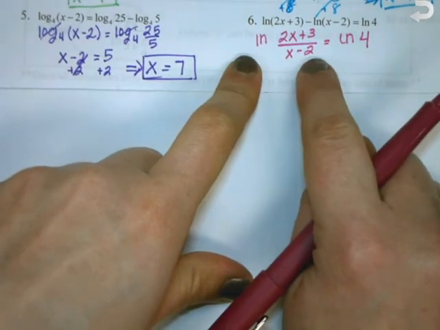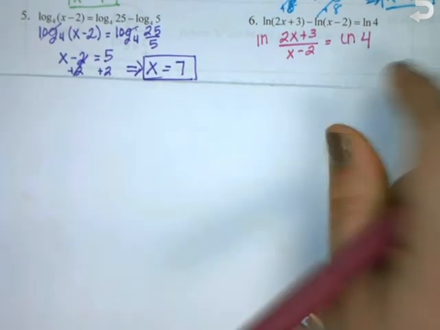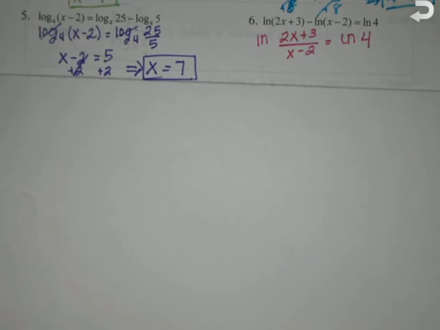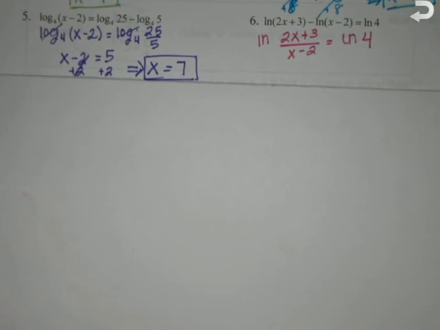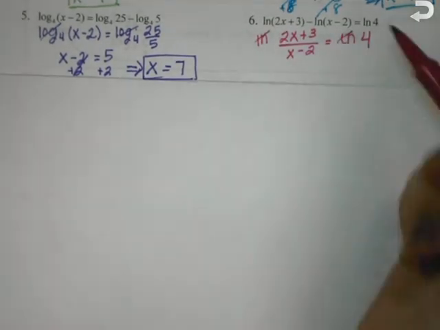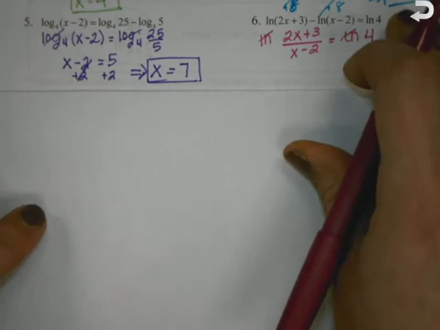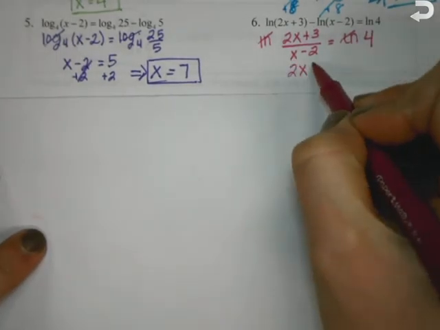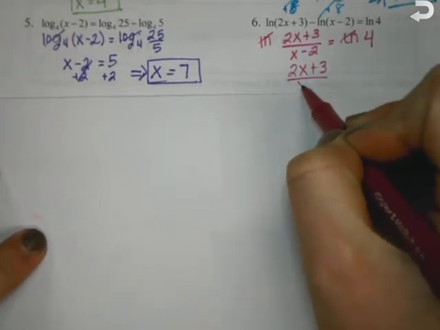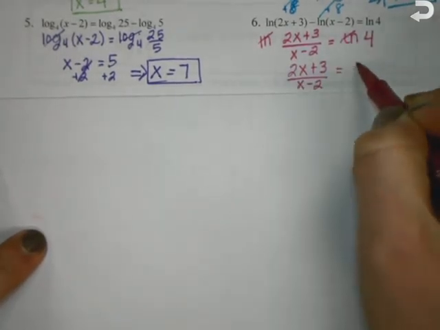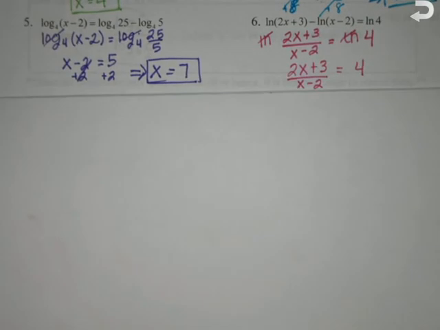Are my bases the same? They're natural logs, right? So I can cancel those bases. So I am left with 2x plus 3 over x minus 2 equals 4. Okay. Now, I need to get rid of this x minus 2.